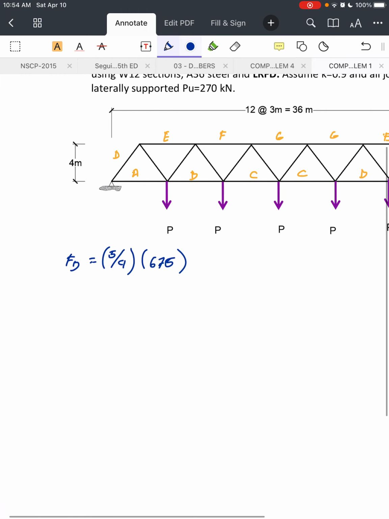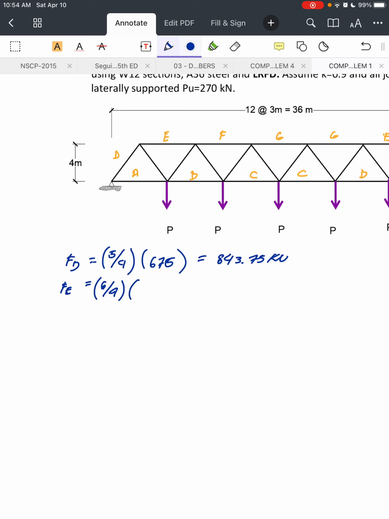So FD is equal to 5 over 4 times 675, you have 843.75 kilonewton. Now for FE, you have 6 over 4 times 675 equal to 1012.5 kilonewton.